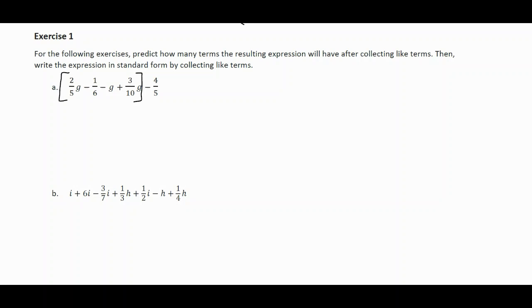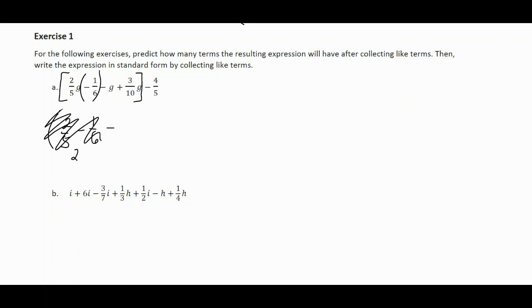So we're going to isolate -4/5. We're going to have 2/5 minus 1/6 minus, oh, sorry, wait. We also got -1/6. I thought that this was a g.